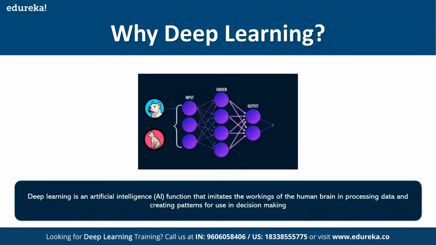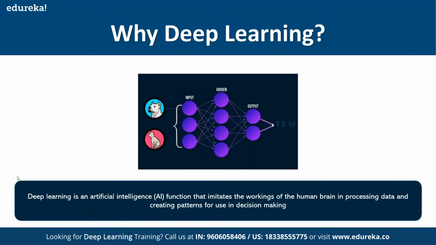In order to analyze data, it makes use of a structure called an artificial neural network, which has been created to mimic the way that we humans analyze data. That is the reason deep learning models perform really well compared to other models. So that is one of the main things about deep learning neural networks.